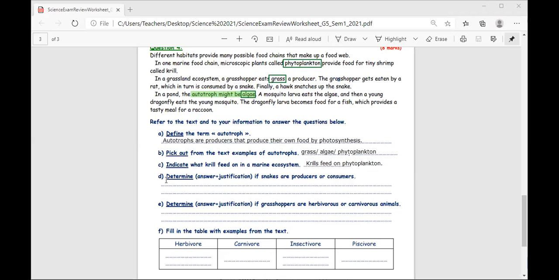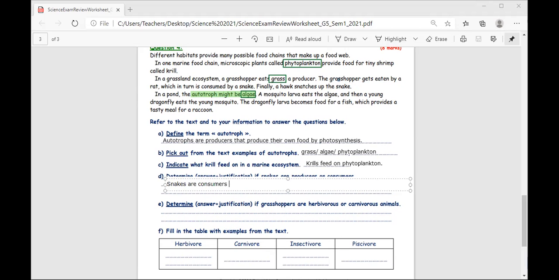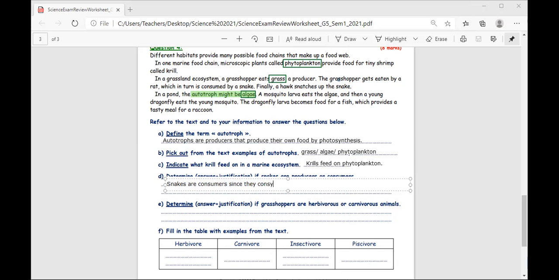Are snakes consumers or producers? You should be answering this without even thinking. Consumers. Green plants are almost the only producers. A snake is an animal that eats. Why are snakes consumers? Because they feed on other animals.